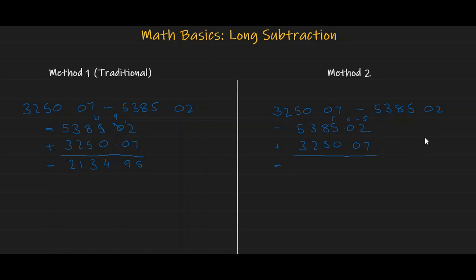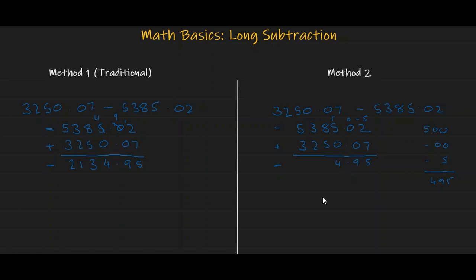So over here you would have 500 minus 0 minus 5. Simple, 495. You write 495.